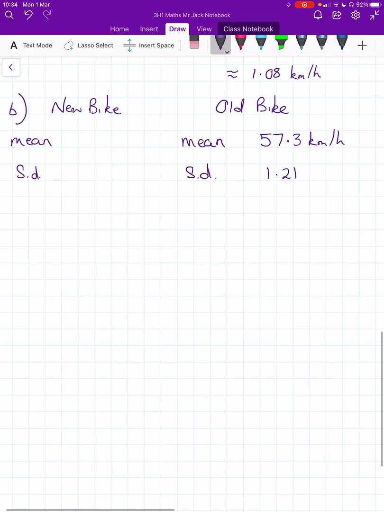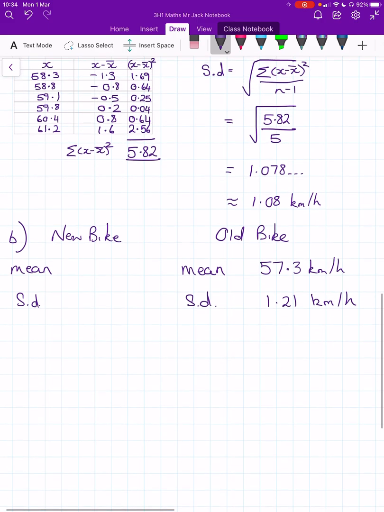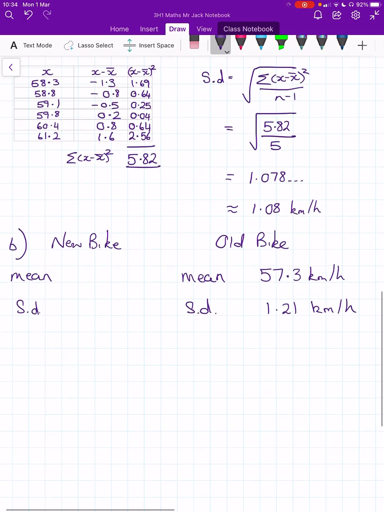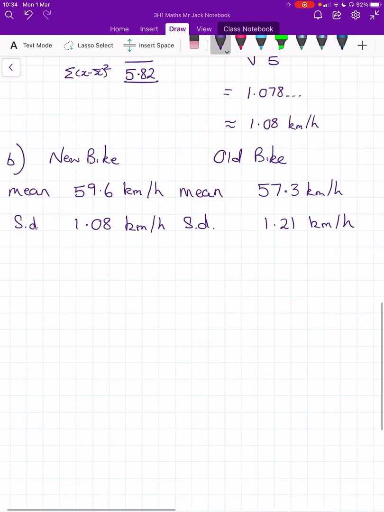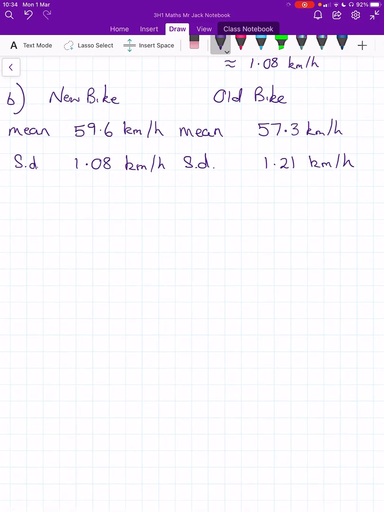On the new bike, the mean that we calculated was 59.6, and the standard deviation that we've calculated is 1.08. Okay, so we're comparing these two sets of data, which is fine. Let's draw a line to separate those.